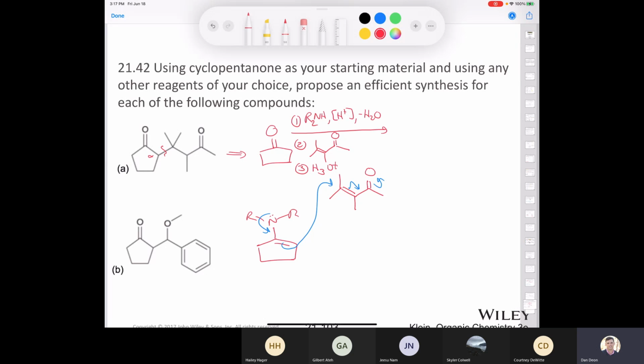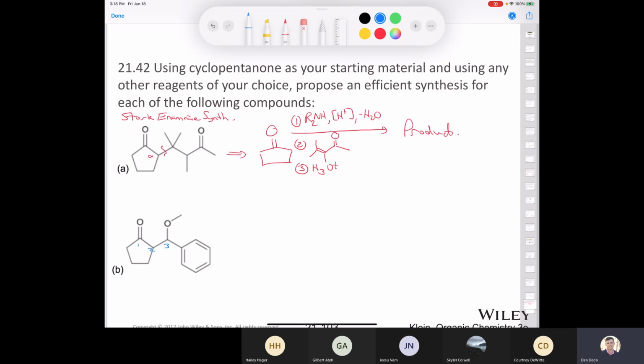And there we go. That's going to give you the final product like that. So there you go. That's a Stork enamine synthesis. So we'll write that down here: Stork enamine synthesis.